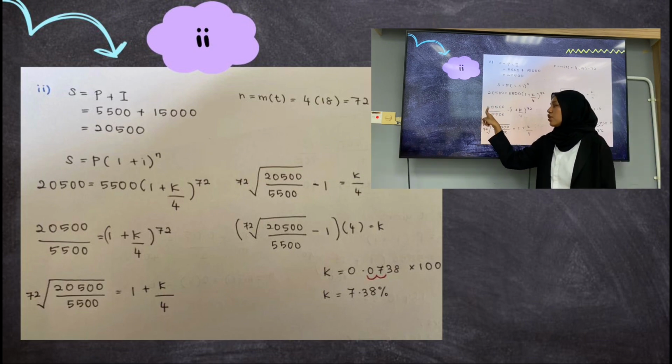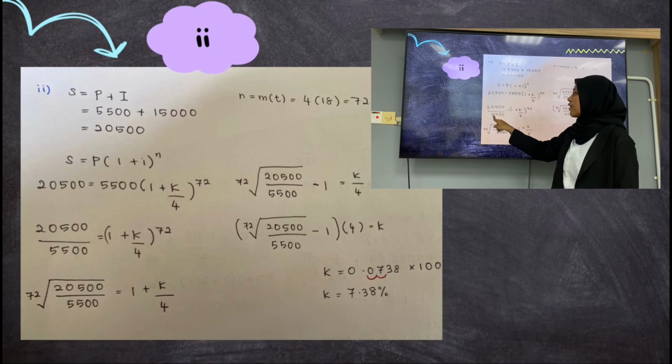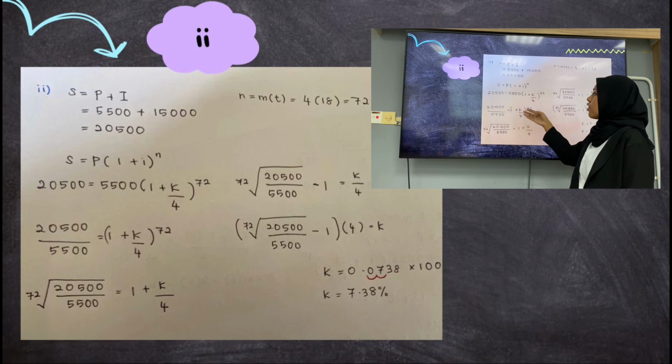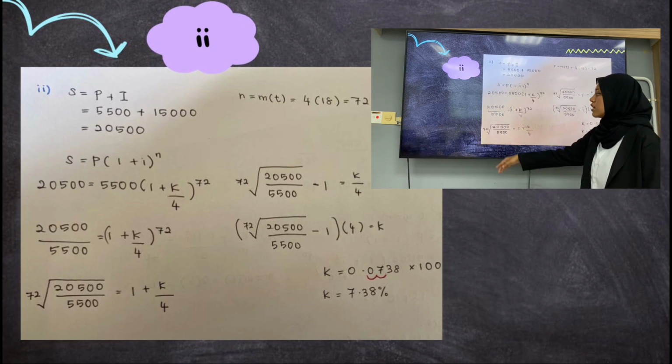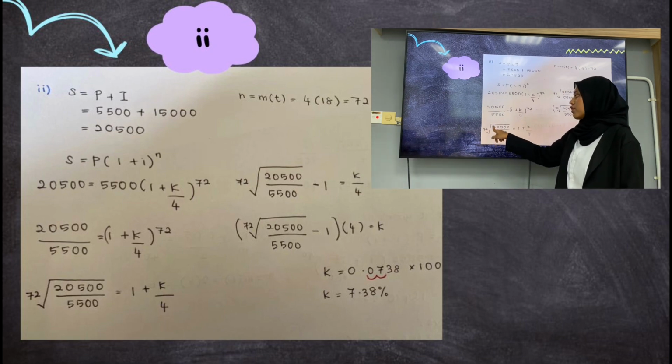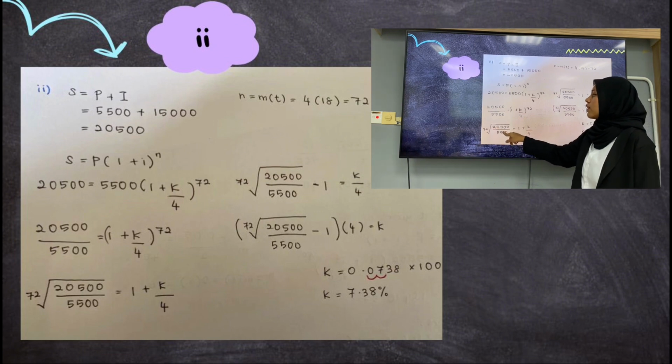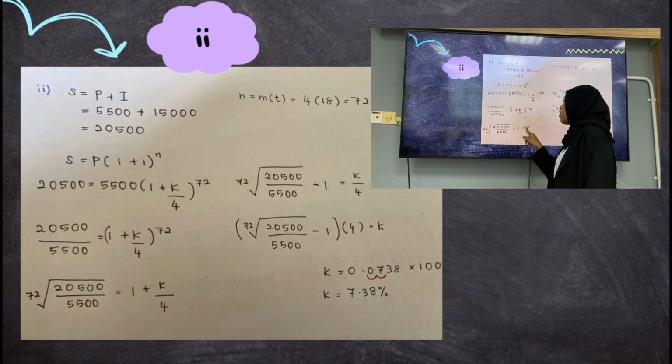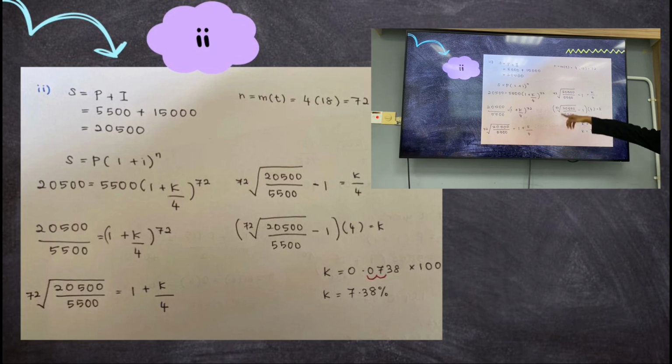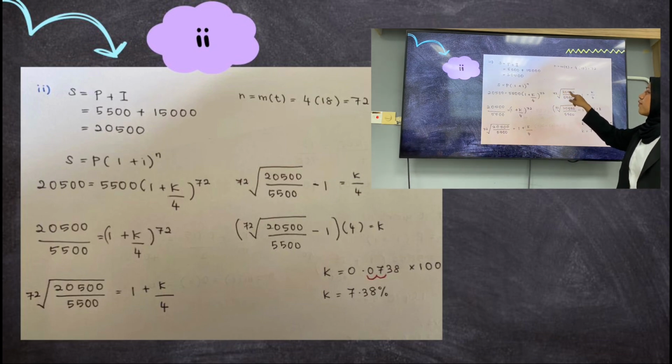So 20500 over 5500 equals (1 + k/4)^72. So the 72nd root of 20500 over 5500 equals 1 + k/4. Next, the 72nd root of 20500 over 5500 minus 1 equals k over 4.